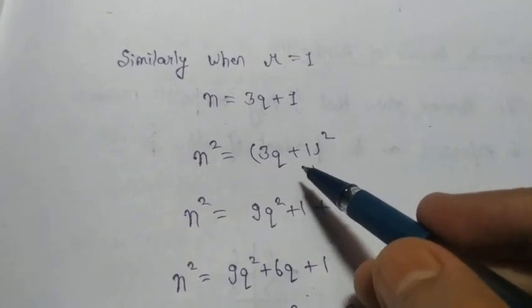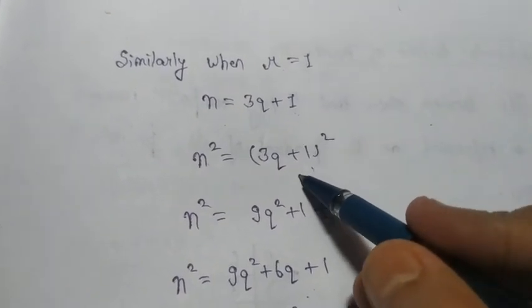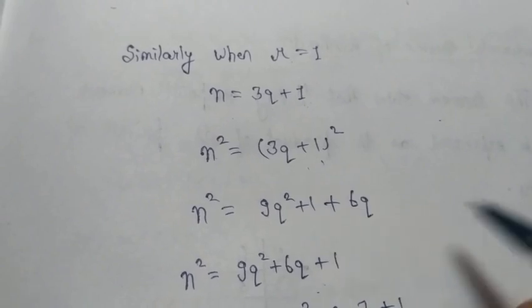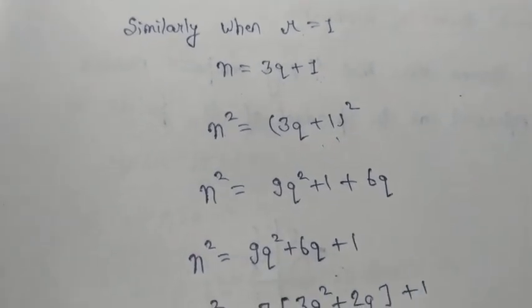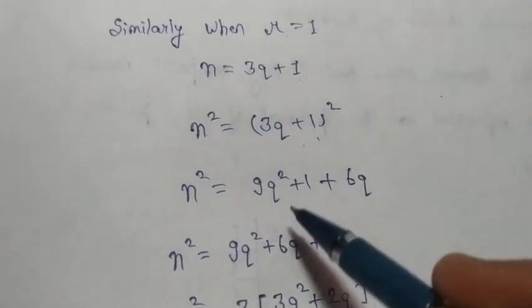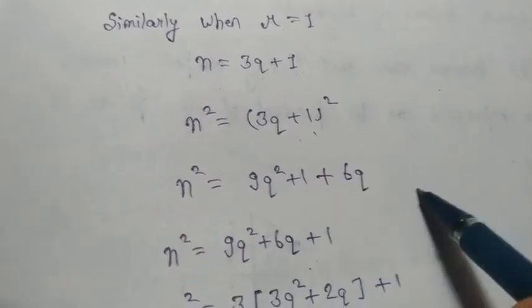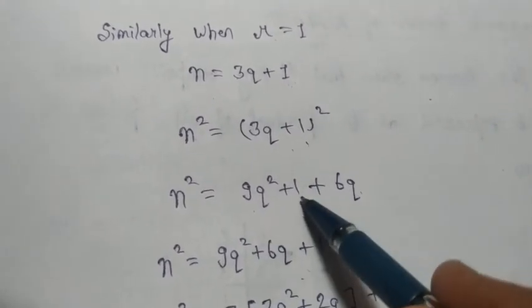All of you know the formula of a plus b whole square, that is a square plus b square plus 2ab. Now students, see, after expansion we have q terms and also 1.